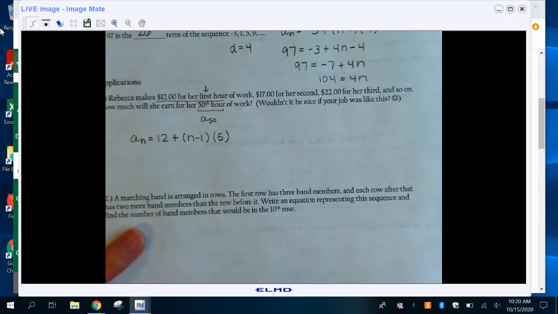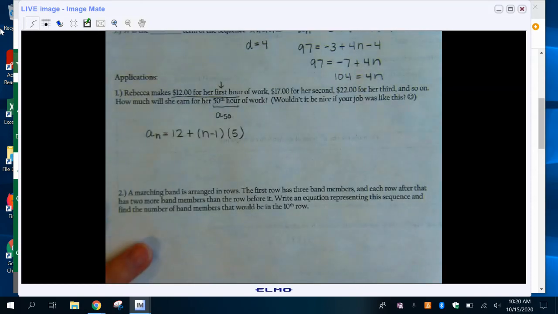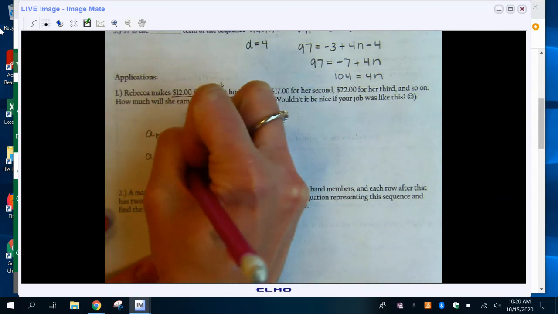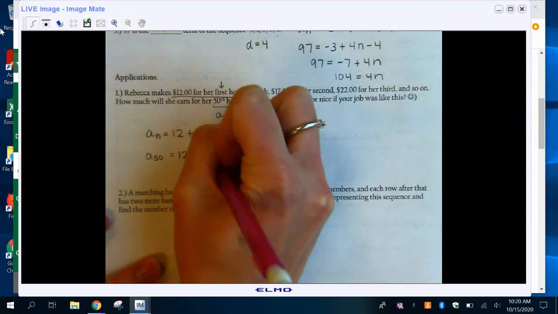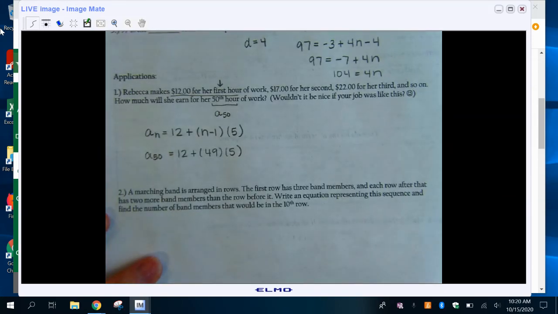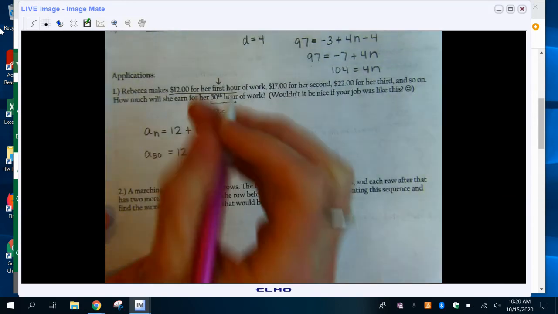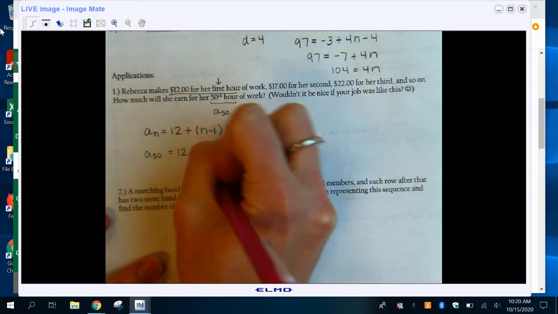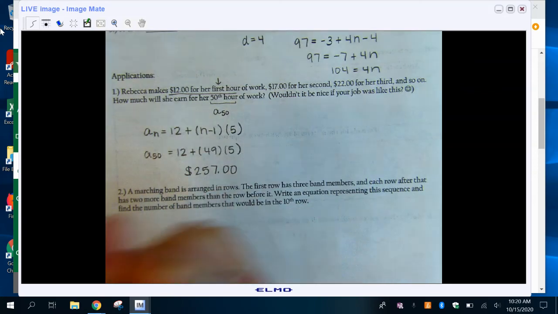She makes $5 for every additional hour she works. That's my pattern. So if I want to find the 50th term, it would be 49 times 5. So she would make $257 in her 50th hour of work.